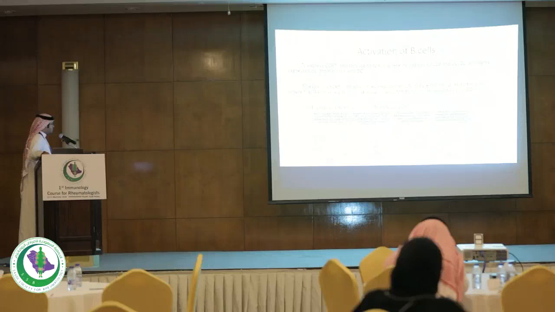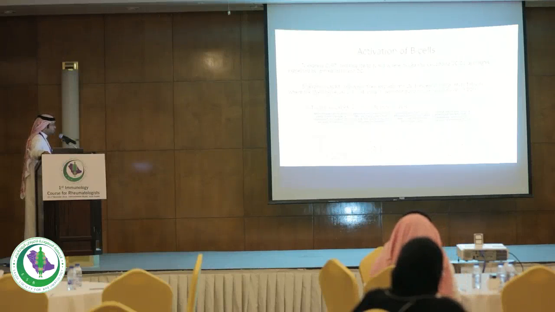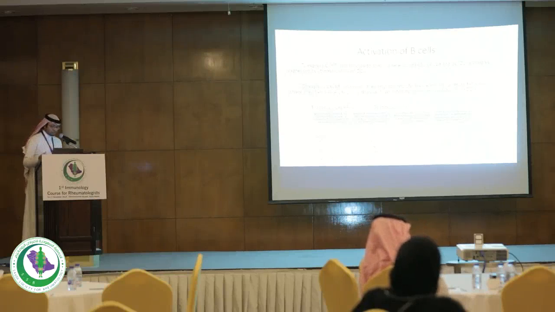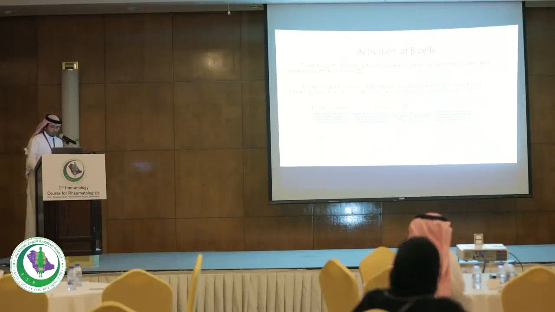So the B cell moves this way, and the T cell moves this way, and eventually they meet in this small area at the border where the T zone and B zone meet, and this is where linked recognition happens. This is where the T cell provides help to the B cell and it starts to proliferate. Once this happens, the B cells start to proliferate and then eventually start to leave the lymph node and go to the circulation. Plasma cells start to produce antibodies, and some of them go to the bone marrow as long-lived plasma cells, as we'll see in a minute.